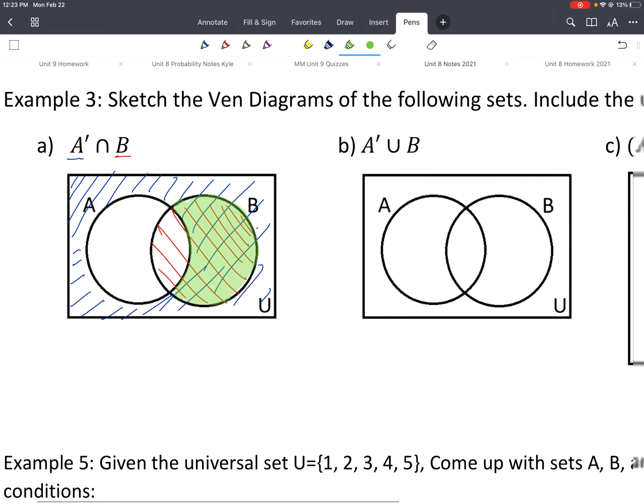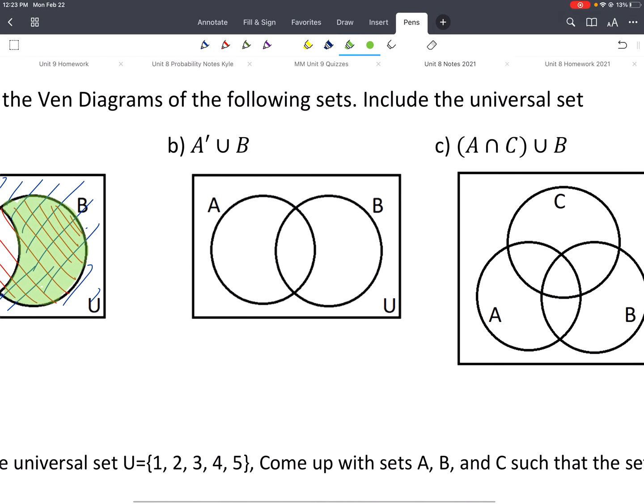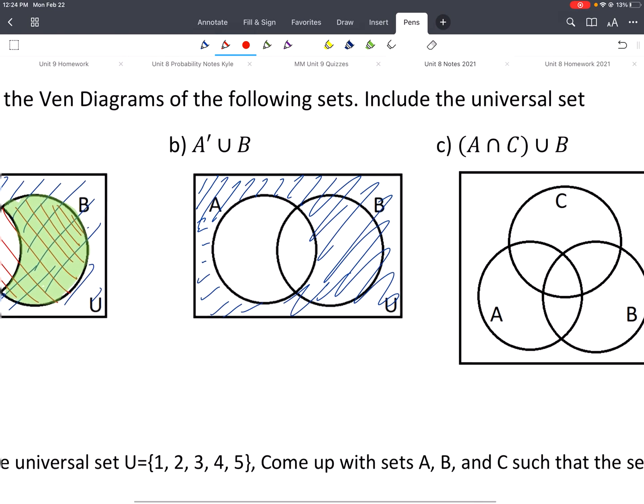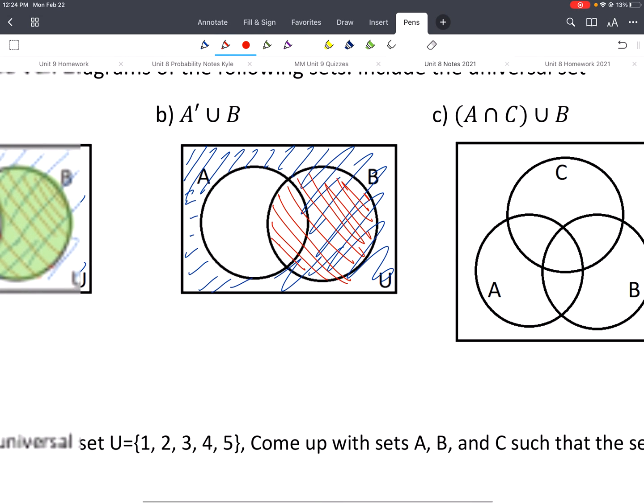So I think we're shading the same stuff, except now we're doing the union. So again, we have A complement, everything but A, and then we're going to do B, and then we're going to union them.